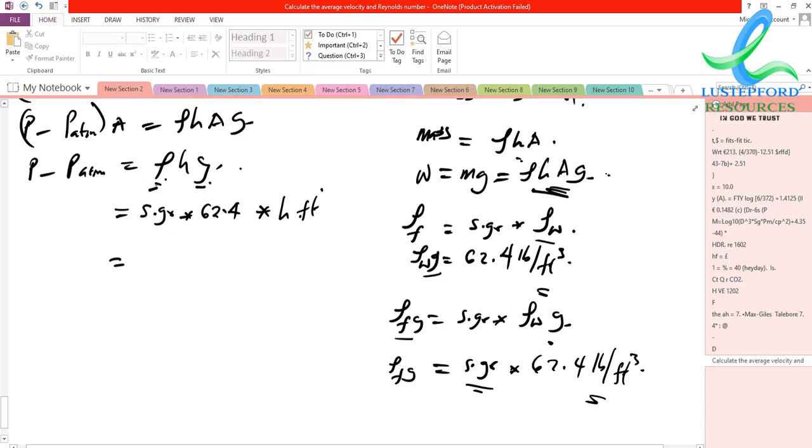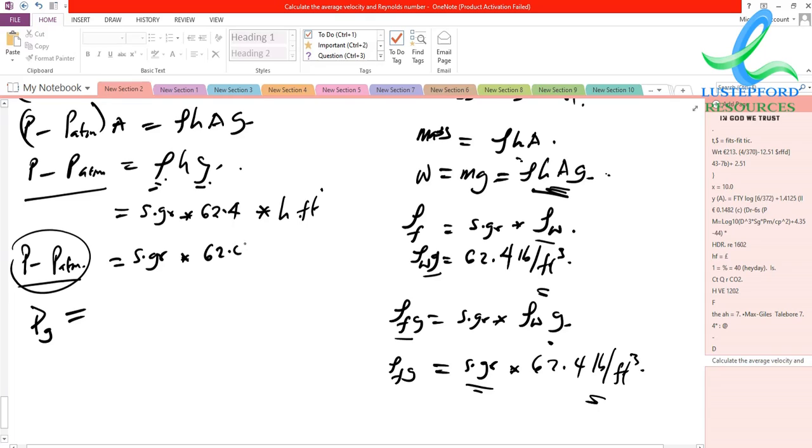Now this minus atmospheric pressure will be the gauge pressure. This should be the gauge pressure at that height.